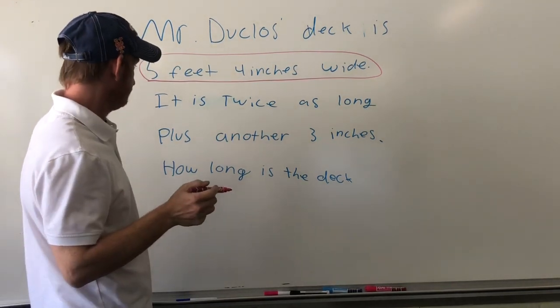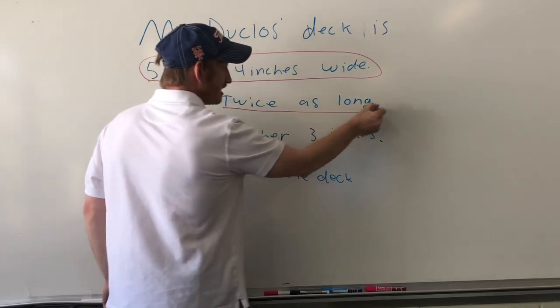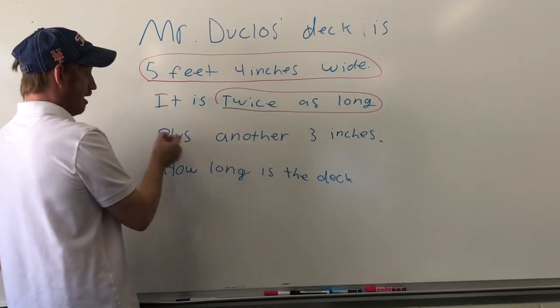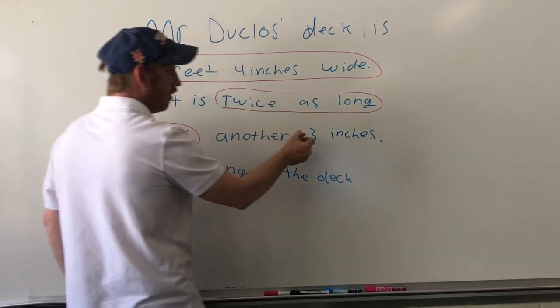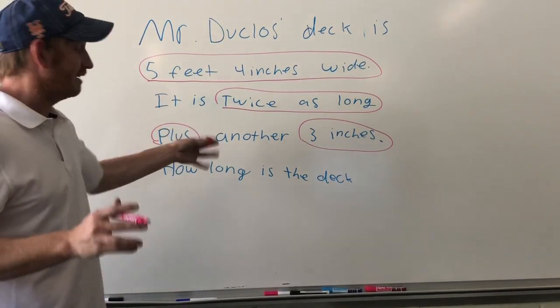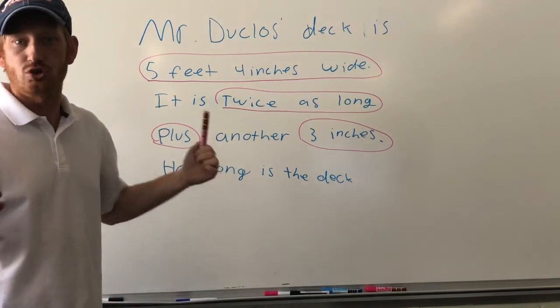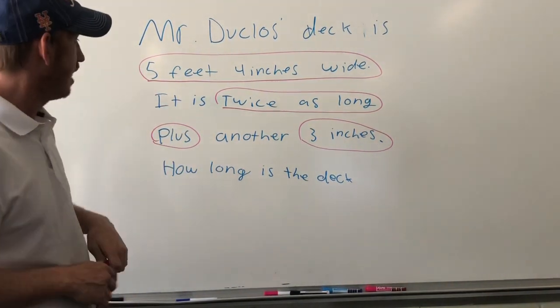I know that it is twice as long plus another 3 inches. So I'm going to use that information to put that into an equation that we can use to solve our problem.